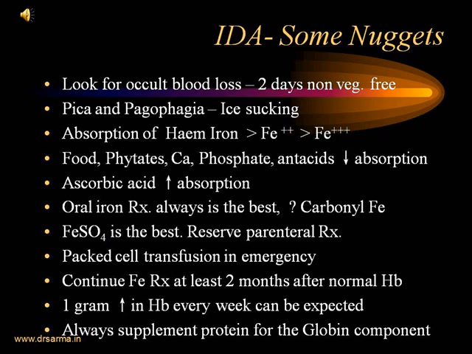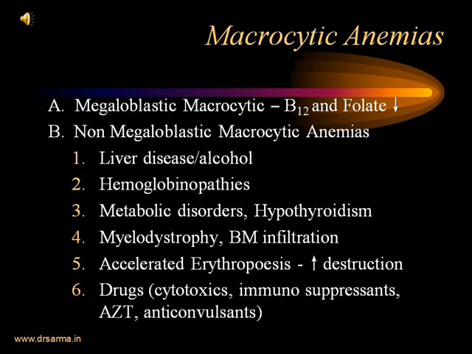In general, nutritional anemias are associated with lower serum proteins. In such a case, it is a wise thing to combine oral iron, ferrous sulfate or ferrous fumarate, along with protein supplementation to give allowance for the development of the globin component. These are some of the important practical points related to the treatment of iron deficiency anemia.